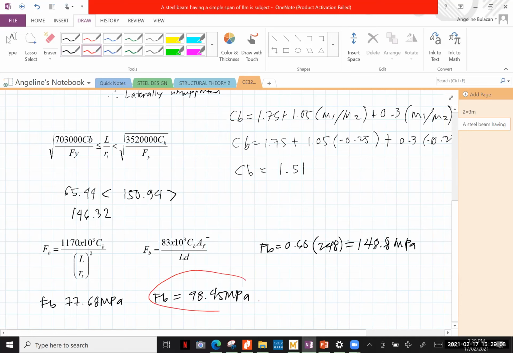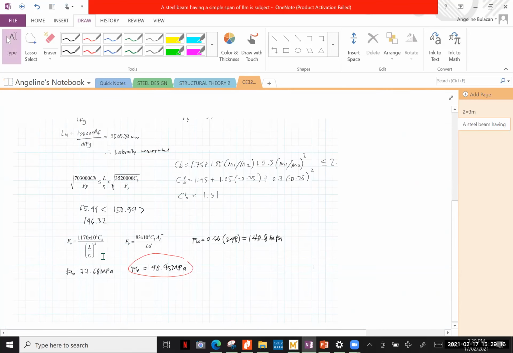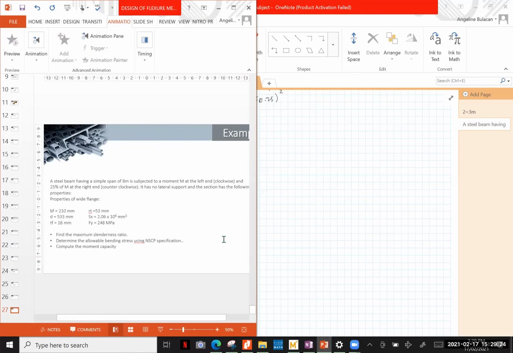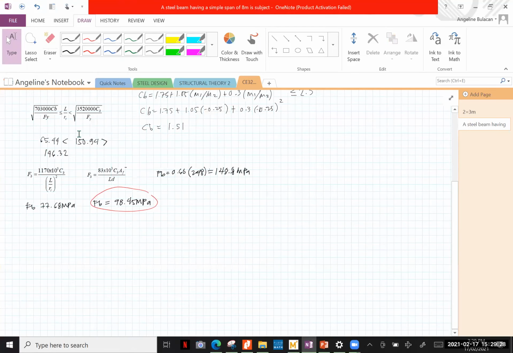So, ito yung gagamitin natin, FB. So, we now have FB is equal to 98.45 megapascal. Now, yan yung unang tanong. Determine the maximum slenderness ratio. Maximum slenderness ratio, sorry. Dito sa tatlo, ang maximum is 150.94. Kasi siya yung pinakamalaki. So, ito yung sagot.